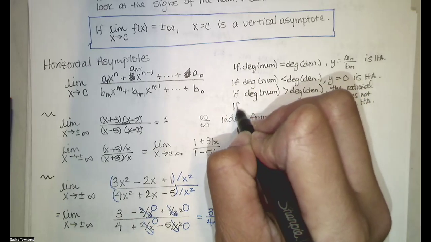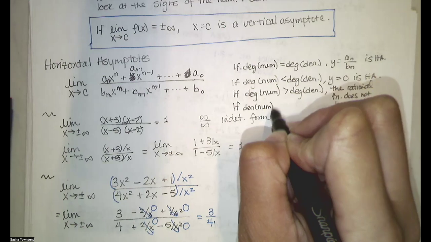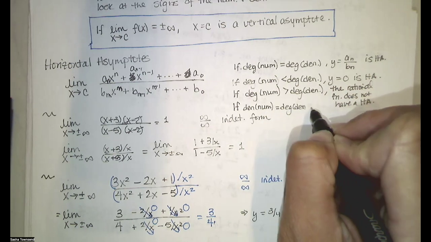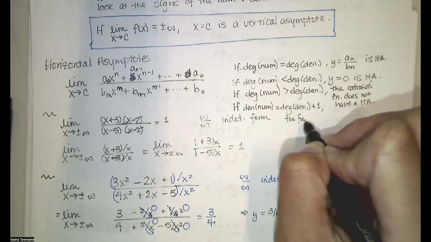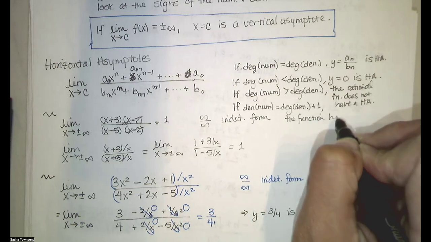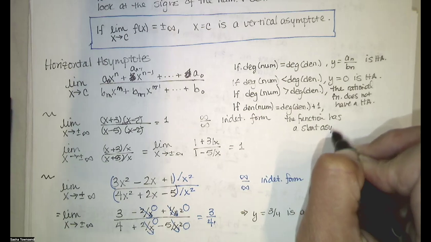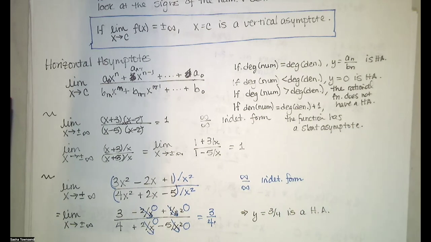Now, we just briefly mentioned this. If the degree of the numerator, or we saw an example of this, is the degree of the denominator plus 1, the function has a slant asymptote. That just means that the graph is going to approach a line as x goes to positive or negative infinity.